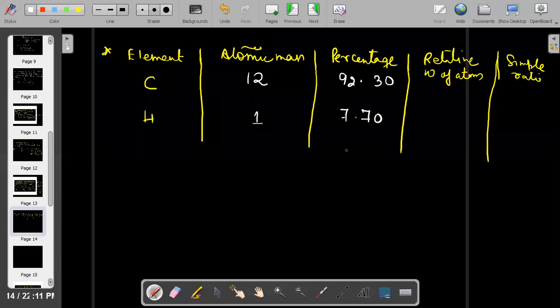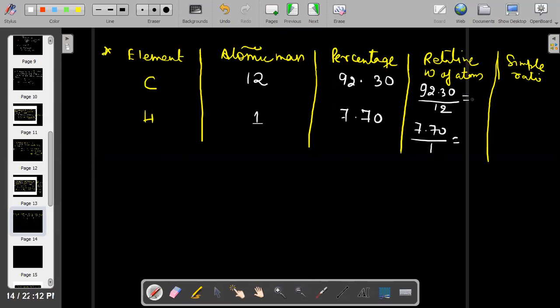Yes, 92.30. Clear? Now, what is the relative number of atoms? Look at how to find it. The percentage 92.30 divided by 12, then 7.70 divided by 1. Now tell me, what is the value? It is around 7.70 for both.